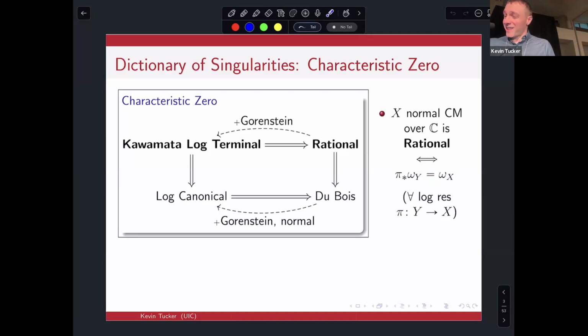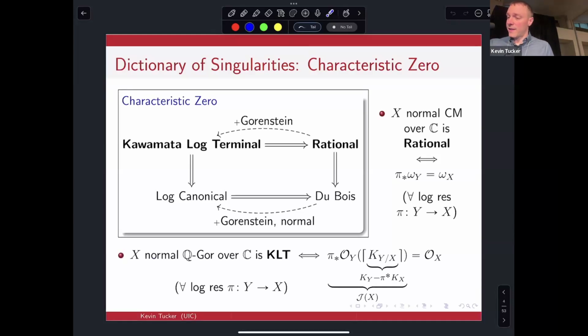Note that this isn't the original definition. It's really a criterion due to Kempf, and it in turn relies on Grauert-Riemenschneider vanishing. But it makes it easier to see the relationship with KLT singularities, which is really what I want to focus on today. Very roughly speaking, you want to take this pushforward condition and twist it by minus K, minus the canonical divisor.